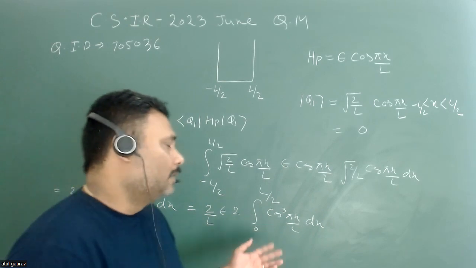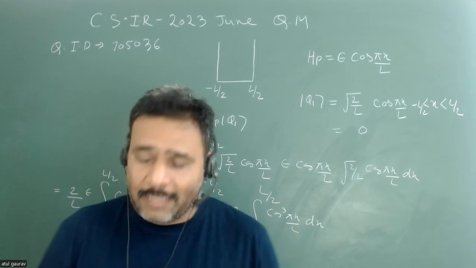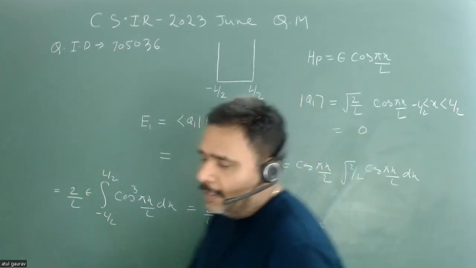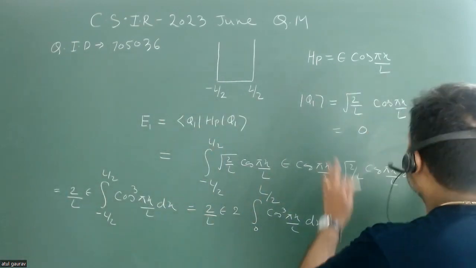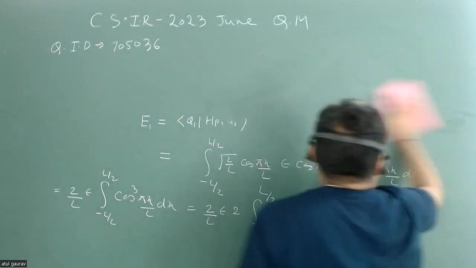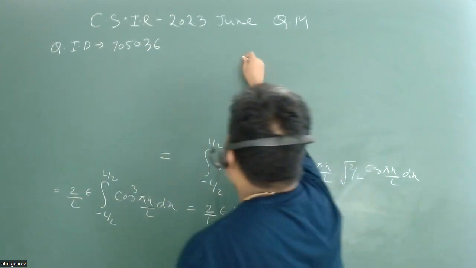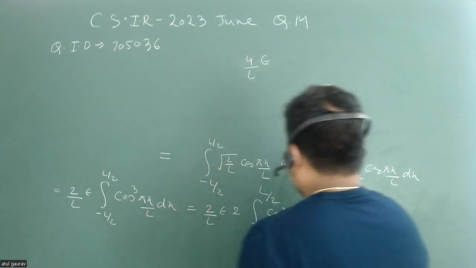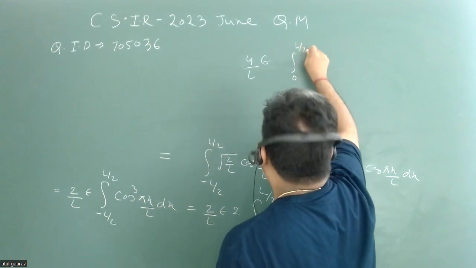You can go for the sine 3x formula, or another way, but I have difficulty remembering the formula. So I will change this integration in a different way. So we have 4 upon L epsilon, and the integration is from 0 to L by 2.